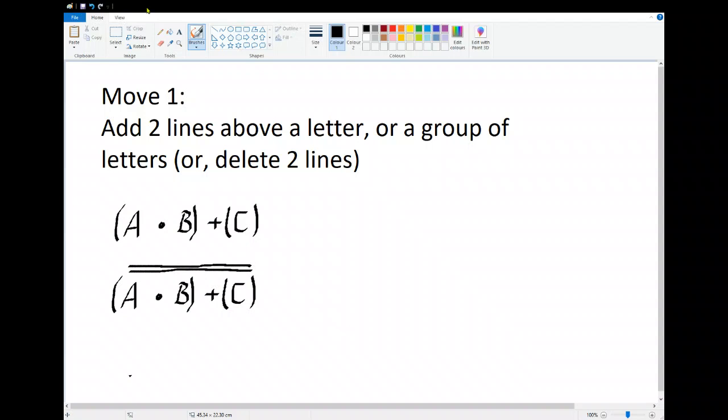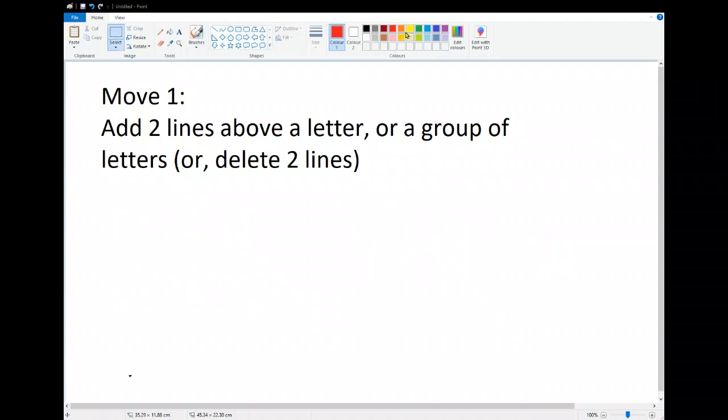The only thing that we cannot do with regard to adding our 2 lines is this. We can't have 2 lines there because that's half in a bracket and half out. Okay, so that's a no. So that is the first move that we're allowed to do in our game. And there only are 2 moves in this game.